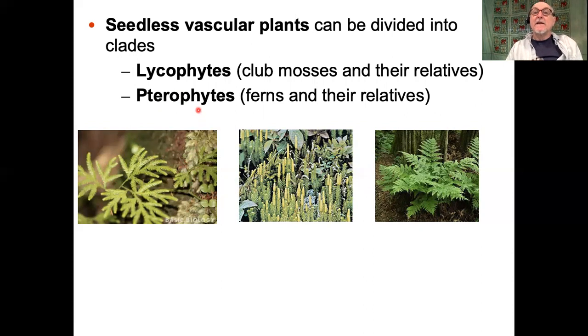The pterophytes are the ferns and their allies, and ferns vary a lot in size, but they can actually get really large. You will have heard of giant ferns, which are almost tree-like, maybe 10, 15 feet high or so. So immediately we realize that the plants are structured, through their vasculature for one thing, but also the structuring of the trunk, in a way that allows them to become large.